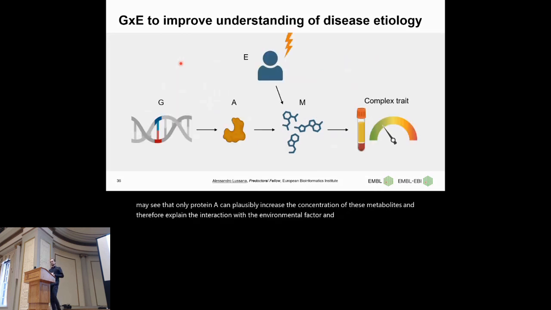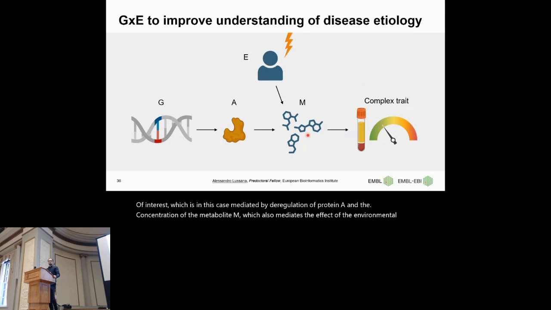And so in this way, we can build this causal diagram where we may explain the genetic effect on the complex trait, on the phenotype of interest, which is in this case mediated by the regulation of protein A and the concentration of the metabolite M, which also mediates the effect of the environmental factor.